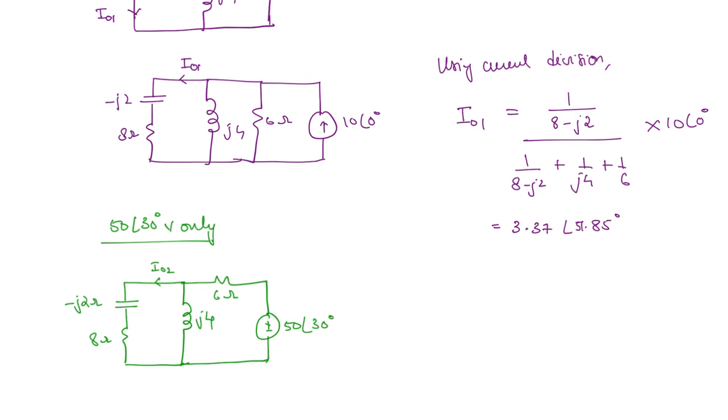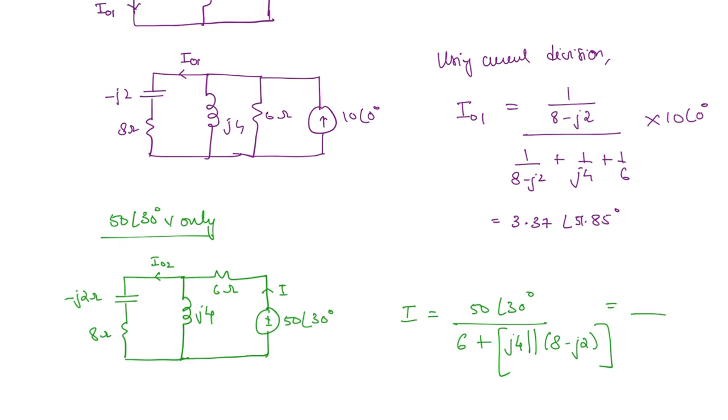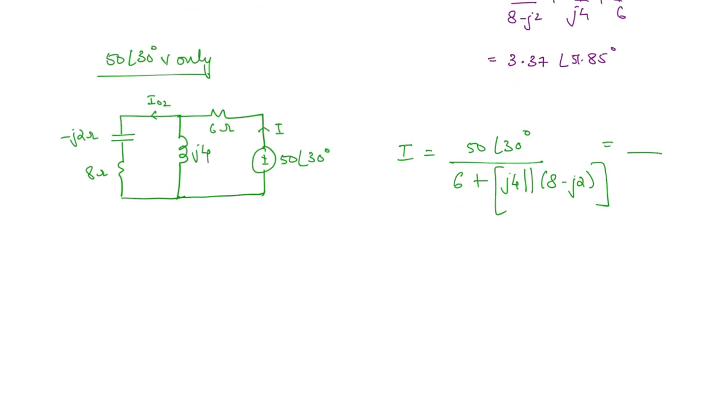First you can find out the total current that is coming out of the source. How will you find that? I is equal to 50 angle 30 degrees divided by 6 ohms in series with these two, which are in parallel, so J4 in parallel with 8 minus J2. Here you will get some value of I. Then what will be I naught 2?